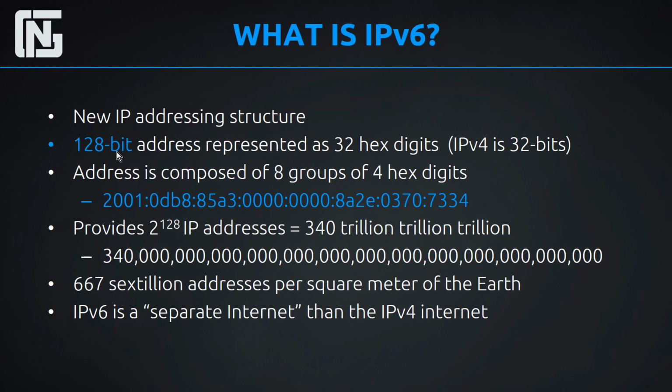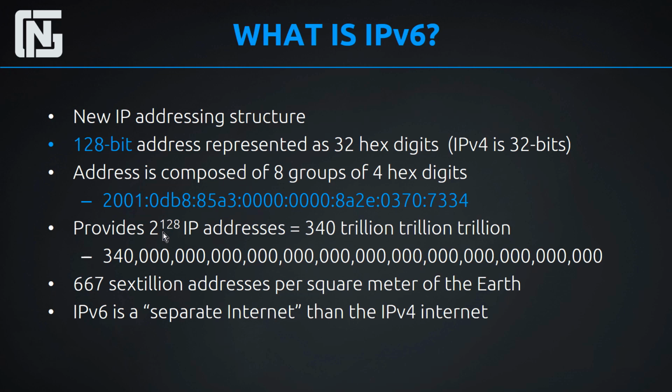These 128 ones and zeros, which would be really long to write out, are represented by 32 hexadecimal digits. The address is comprised of 8 groups of 4 hex digits, separated by colons. This is what a complete IP version 6 address looks like.